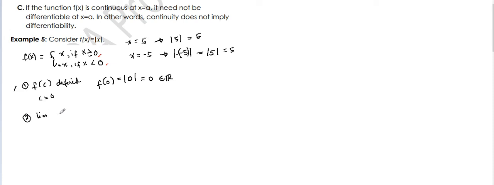Next, let's have the second condition. Let's determine the limit of the function as x approaches c if it exists. Okay, so to find this, we have to show that our limit as x approaches 0 from the left must be equal to the limit of the function as x approaches 0 from the right.